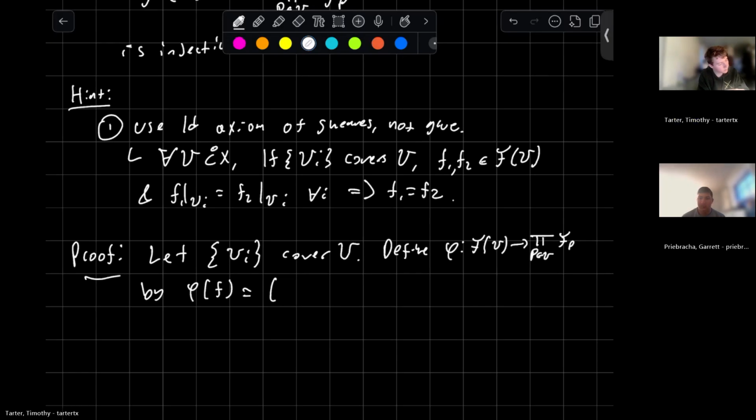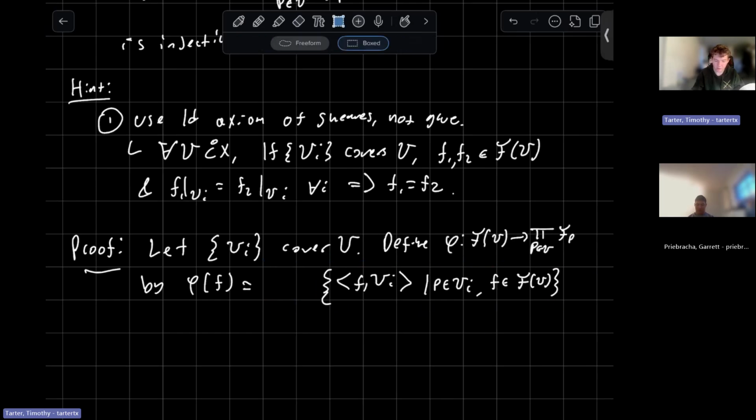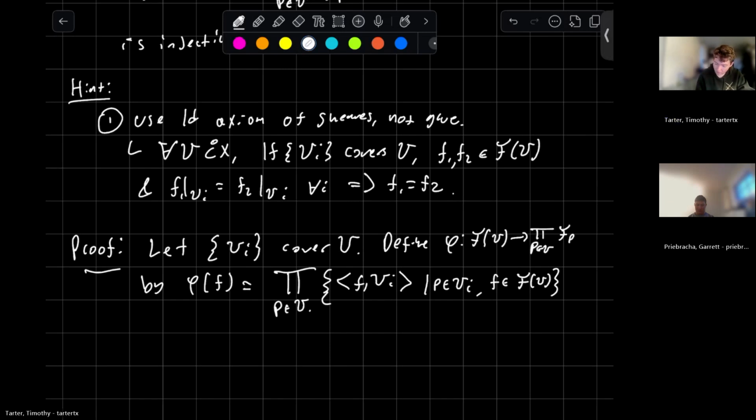Wait. It's all of the pairs F, comma, UI such that P is in UI and F is in the sections on U, and it is not just this thing, it is the product for P in U. Wait, no, it's not.